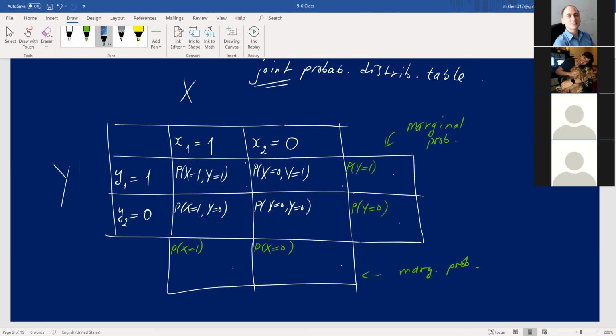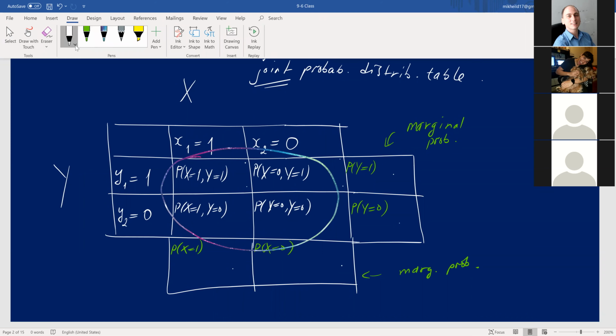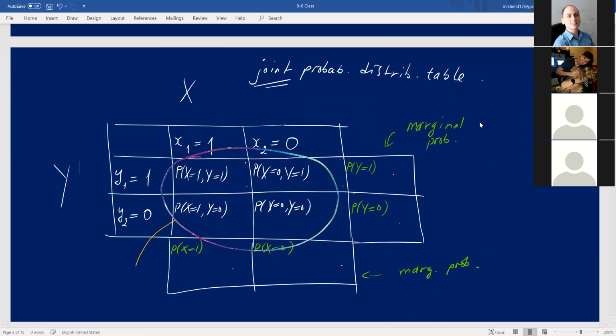Whatever you see in the circle, those are joint probabilities.